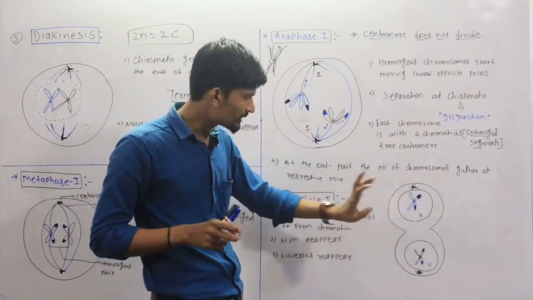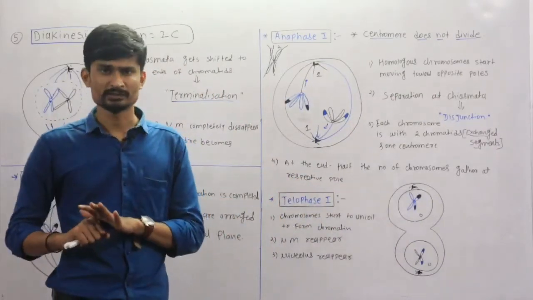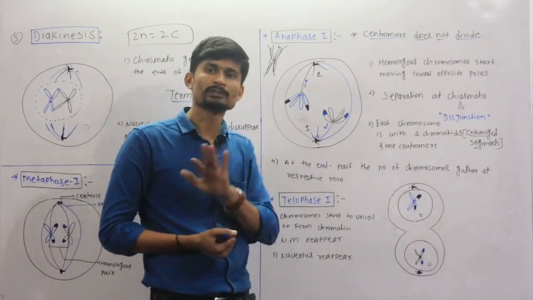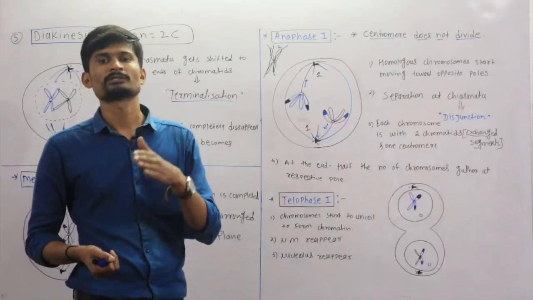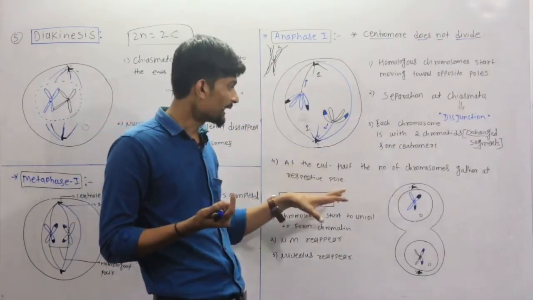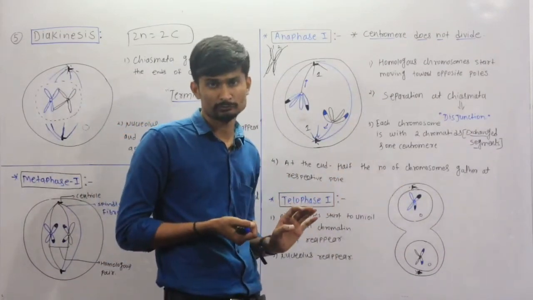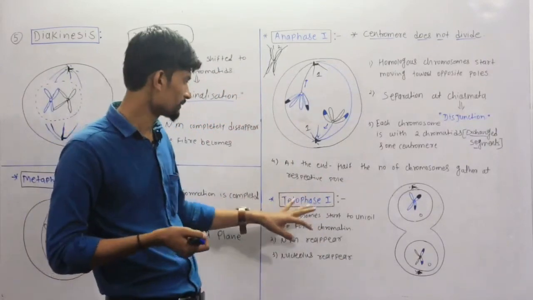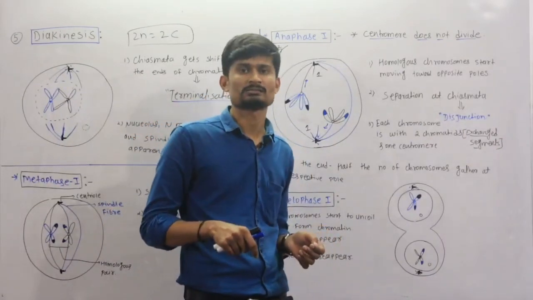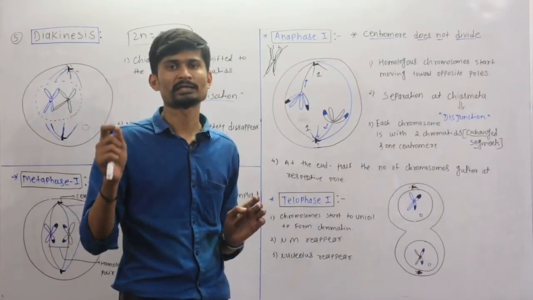Then the nuclear membrane reappears, and the nucleolus also reappears in telophase first. This is the same as what happens in telophase of mitosis, where there is a reappearance of the nucleus, membrane and nucleolus. Another important point is that the spindle fibers are lost, or disappear, in telophase first. Karyokinesis is completed. Now the next step will be cytokinesis first.